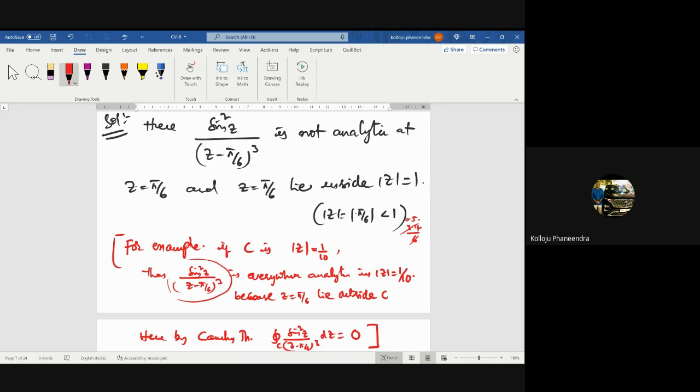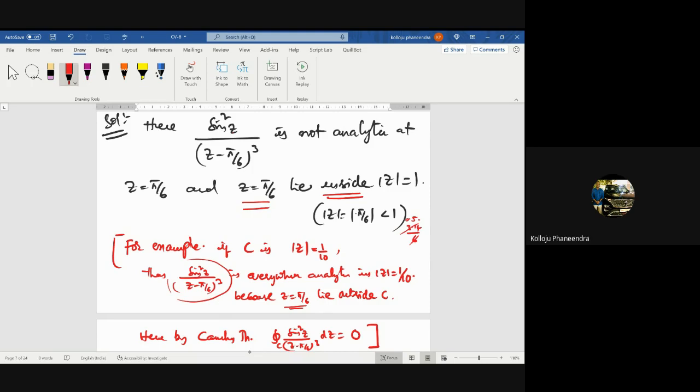When the function is entirely analytic, you consider f(z) as the given function. Even though a singularity is there, if it lies outside, the entire function is analytic, so apply Cauchy's theorem; its value is 0. But here the singularity lies inside the circle. One more important point: the function is not like sin^2 z by (z - π/6).